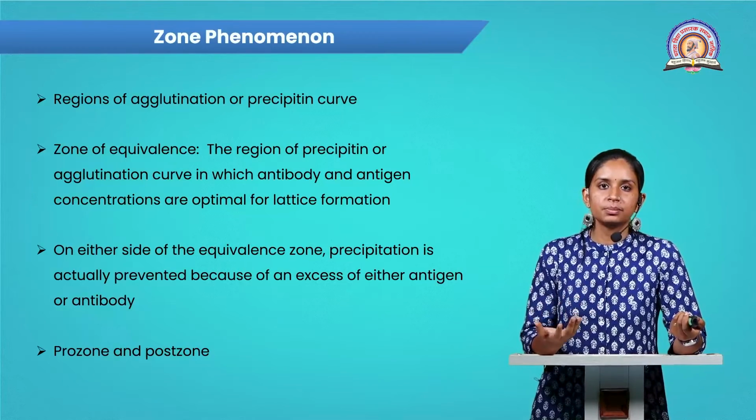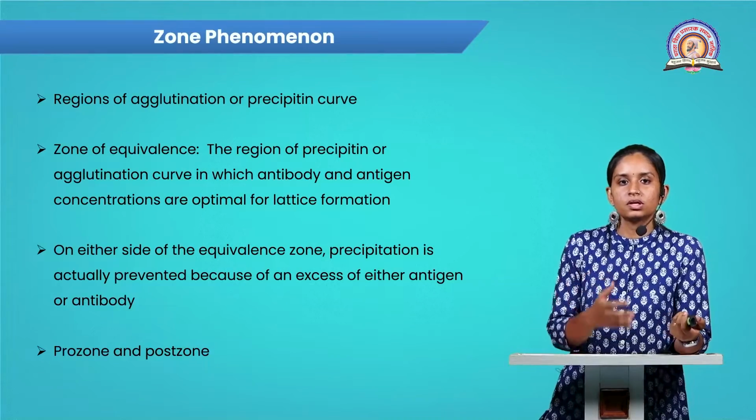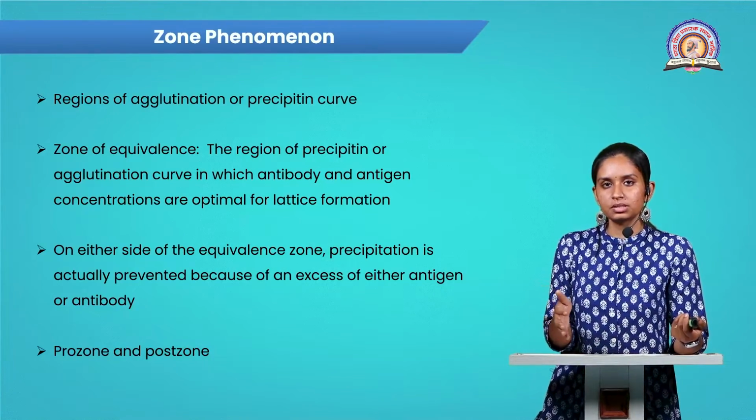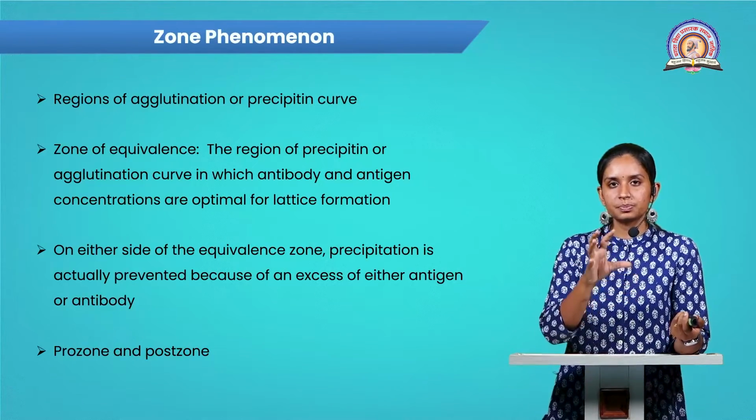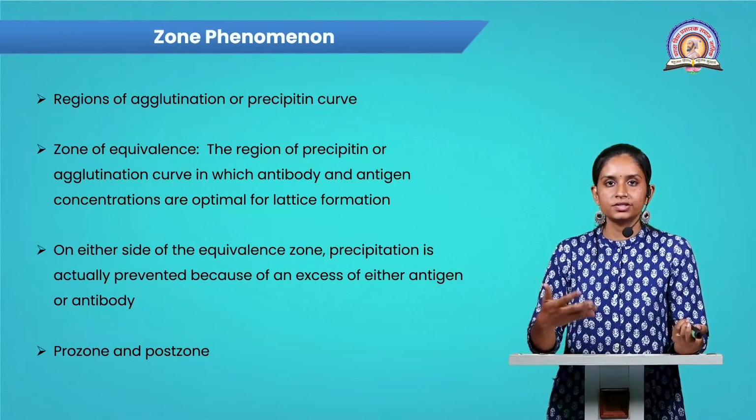The next concept that we are going to discuss is the zone phenomenon. Now consider a precipitating curve, that means a curve on which you take a specific quantity of antibodies and go on adding the antigen molecules.